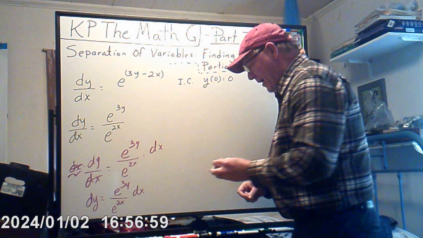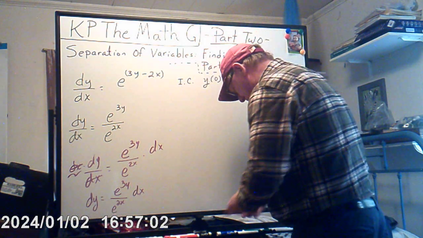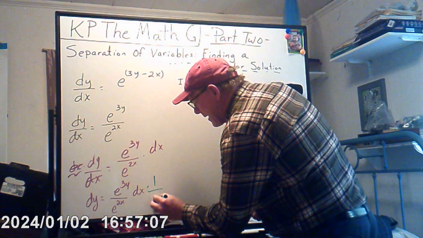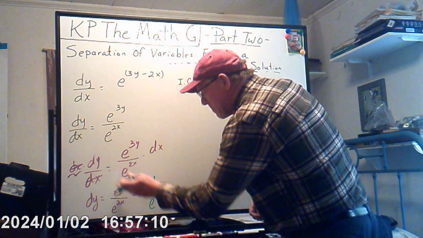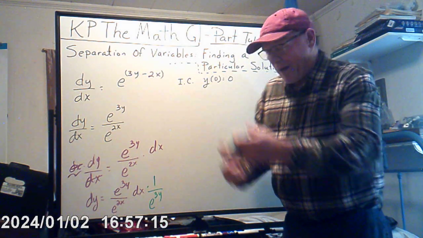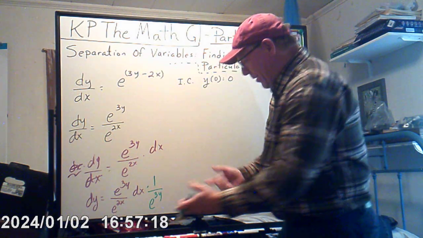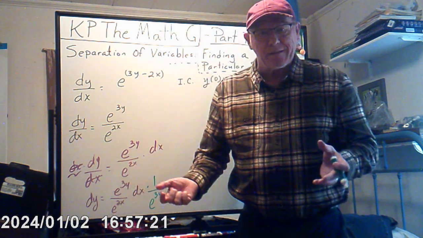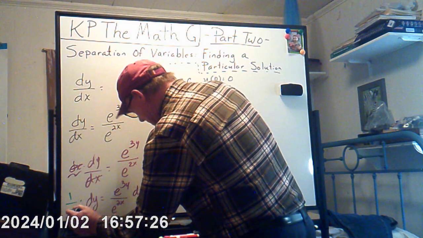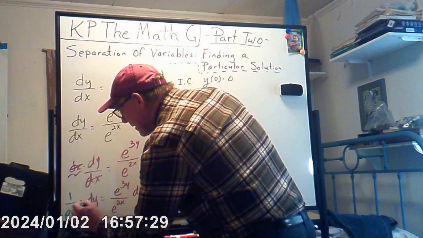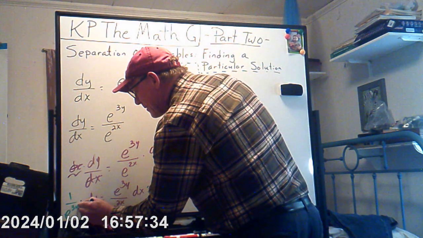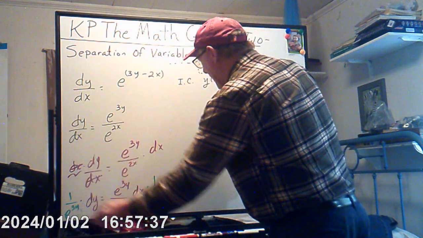Alright, so let's try that. So 1 over e to the 3y. Now, do you see immediately that I can divide these out? Think about what you can do so that these will divide out. Alright, so I'm going to do it to the other side. So 1 over e to the 3y. That's an exponent there.